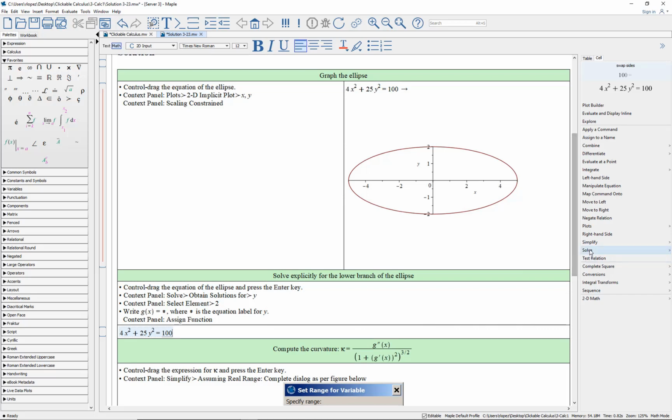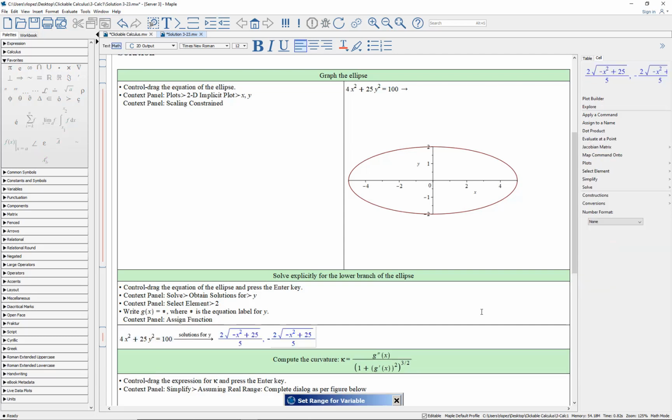So let's go here to solve, obtain solutions for y. There are these two branches. I want to pick the negative one because that's the one that sits down here, but it's concave up. So I can get my hands on that by select element 2.